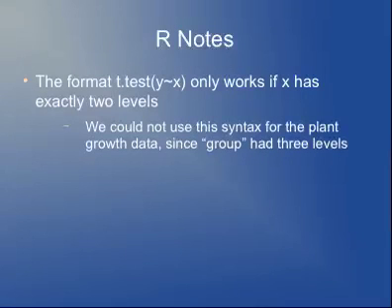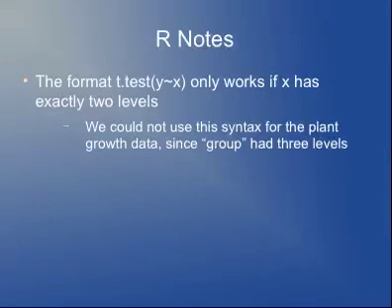And as I mentioned earlier, if you use the format t.test y twiddle x, that only works if x has exactly two levels, pre-treatment and post-treatment, case versus control, or something like that. In the plant growth data, we couldn't just say weight twiddle group because there were three possible values of group, namely control, treatment 1 and treatment 2, which is why I had to do the square brackets, group equals control, group equals treatment 1.